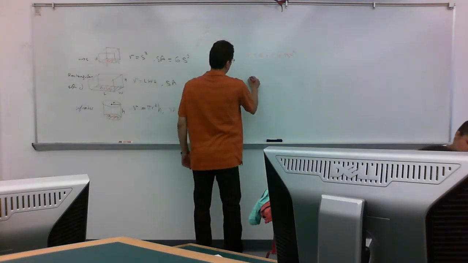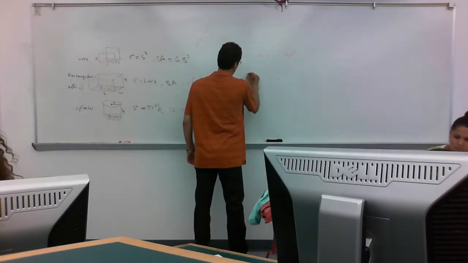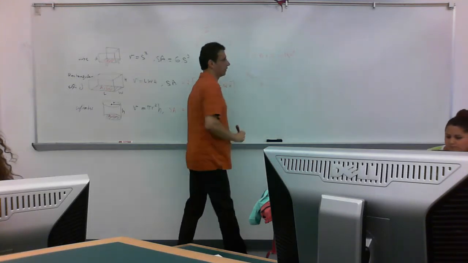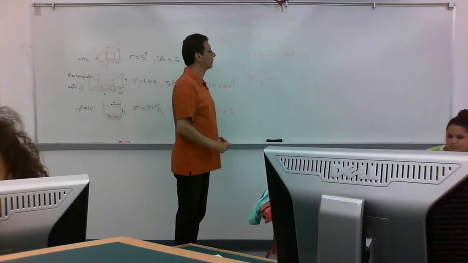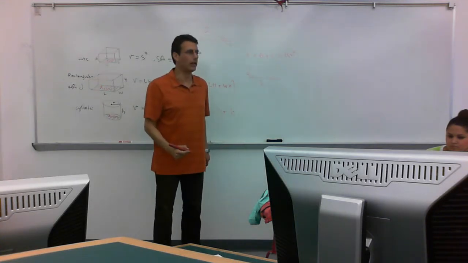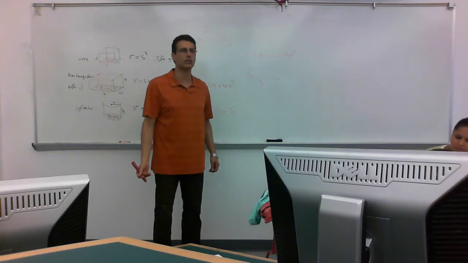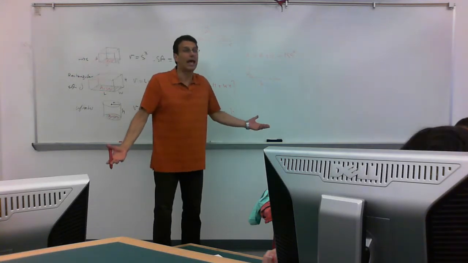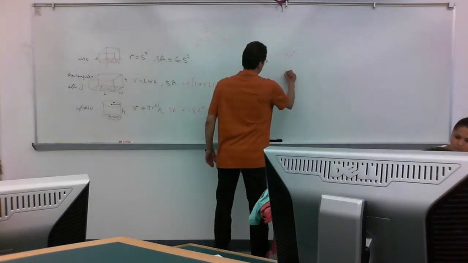Take a look at this one. One of them is a right angle, and that's 90 degrees. So one of them is a right angle of 90 degrees. Anything come to mind as soon as you see that? Pythagorean theorem, okay? Pythagorean theorem.